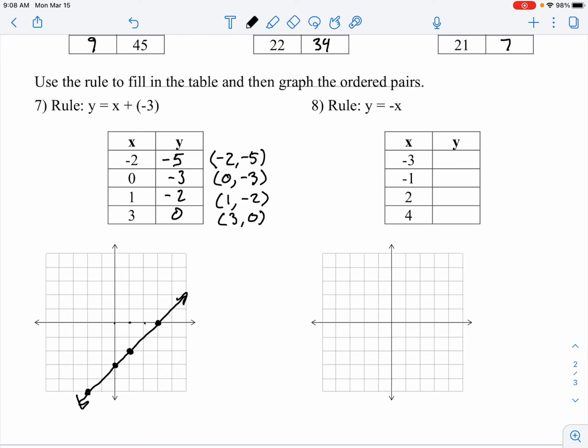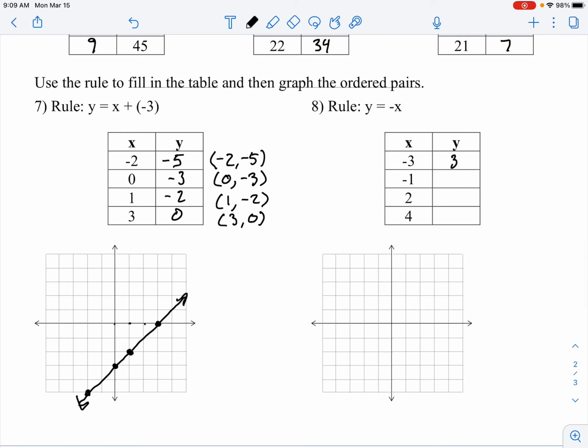And then finally, y equals negative x, so basically that's y equals negative 1 times x. So negative 3 times negative 1 is 3. 1 times negative 1 is 1. 2 times negative 1 is negative 2. And 4 times negative 1 is negative 4. And then I'm going to skip writing them out as coordinate pairs, but they are still coordinate pairs.